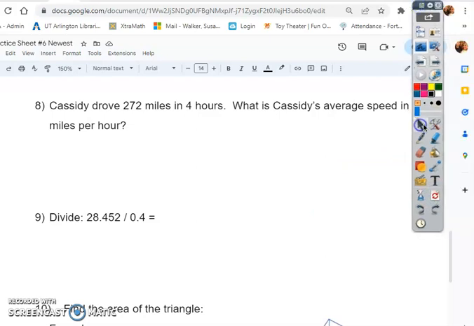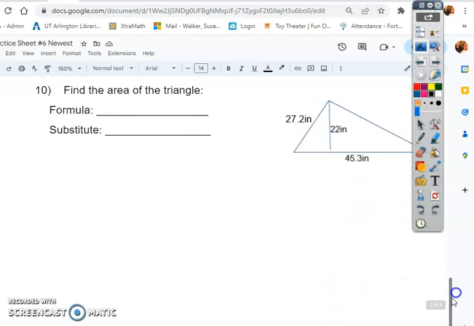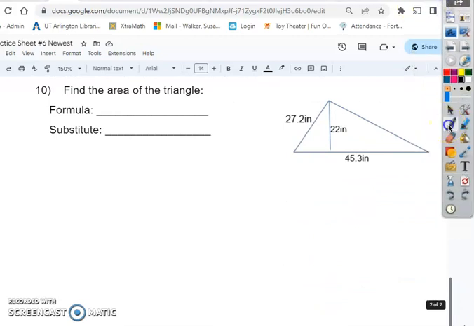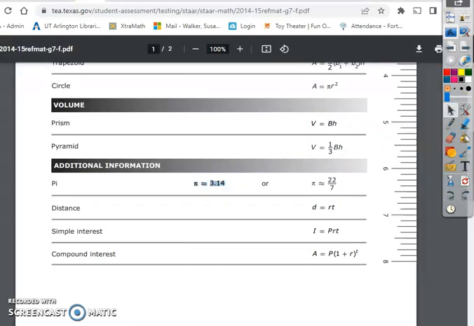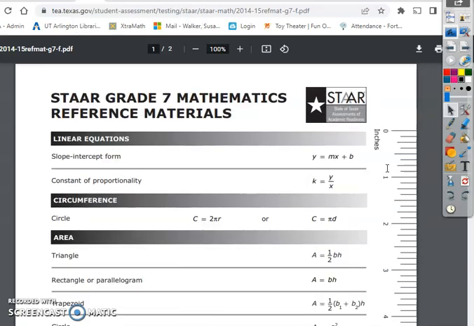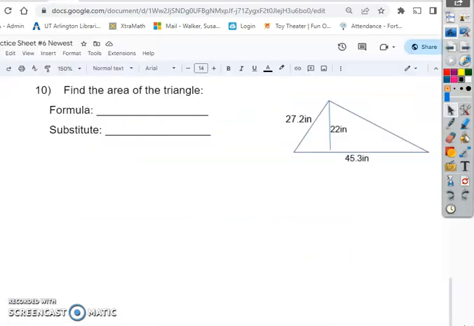And last, for whatever reason, I can do these all year long and we still struggle. Area of a triangle is right here. Triangle. Half BH. Okay.